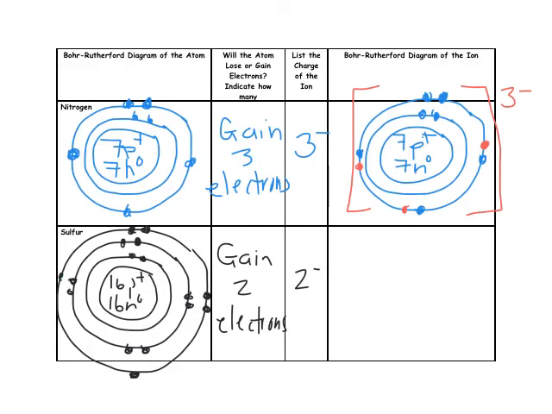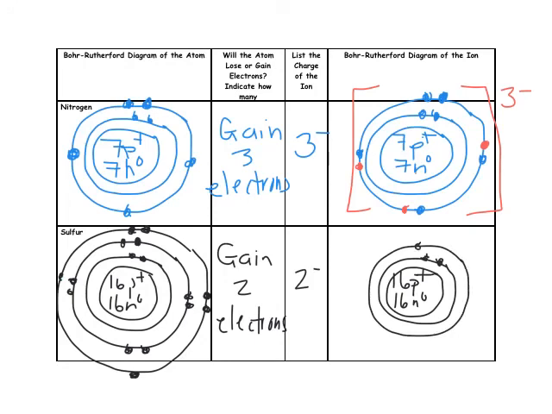When we go to draw the Bohr diagram of the ion, the nucleus still stays the same. That first shell stays the same. The second shell still has 8 electrons.